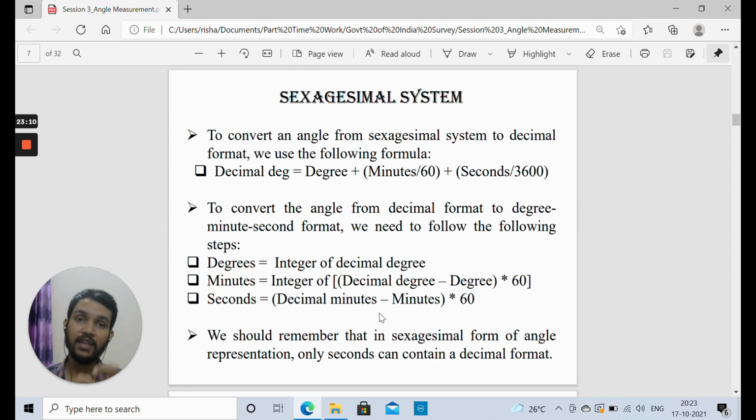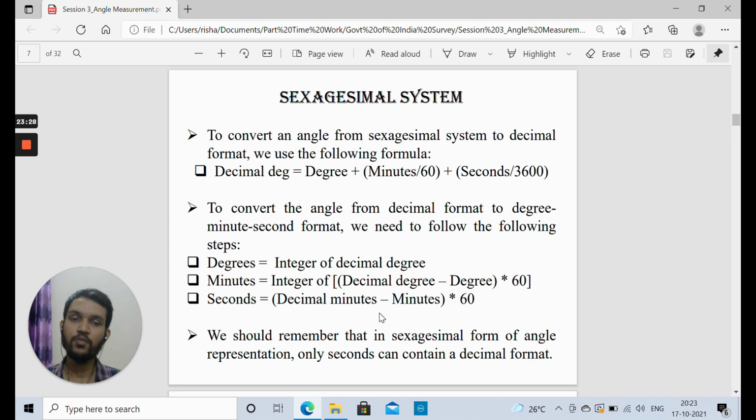If you want to get the angle portion in minutes, whatever is after the decimal, suppose it was 20.4722, so 0.4722, this portion you will have to multiply by 60.